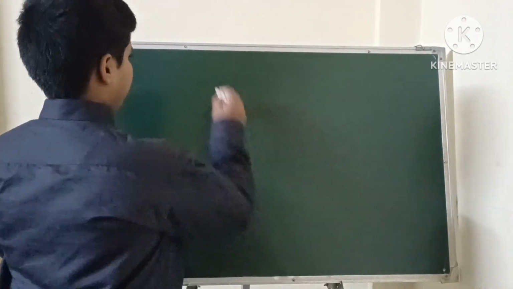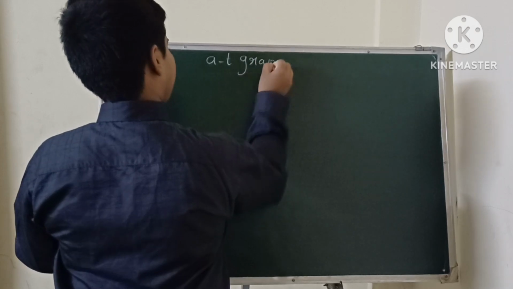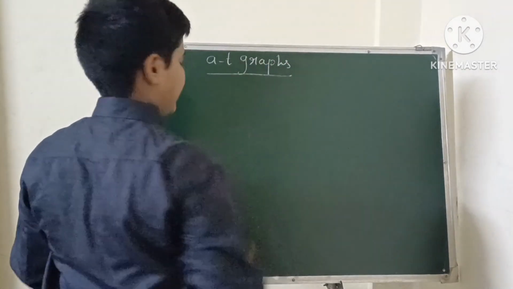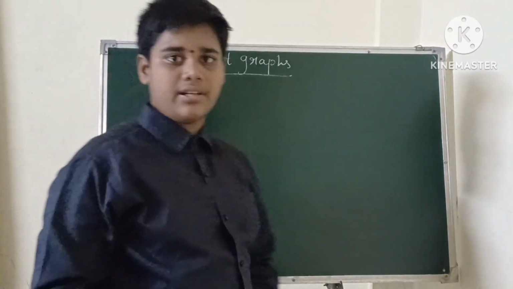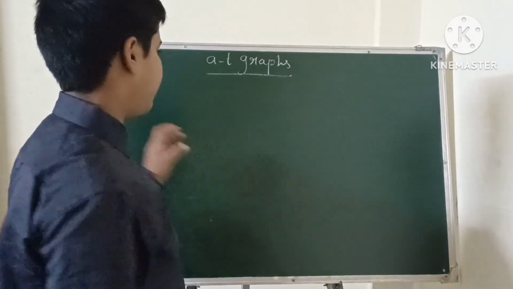Okay. So now the AT graph. Until now we have seen velocity time graphs and distance time graphs. So this is the acceleration time graph.